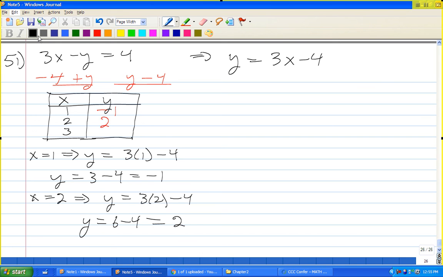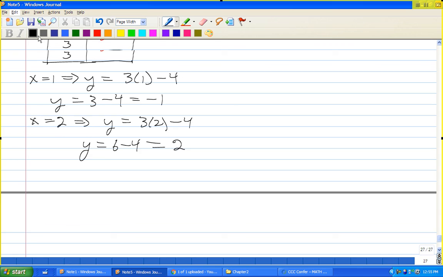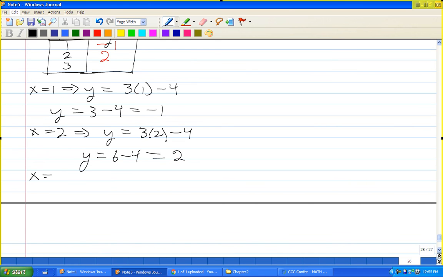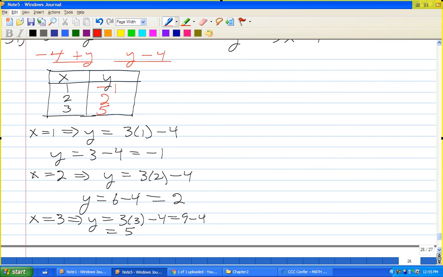And let's determine y when x is 3. y equals 3 times 3 minus 4. 9 minus 4 is 5. Okay, so let's sketch the graph.